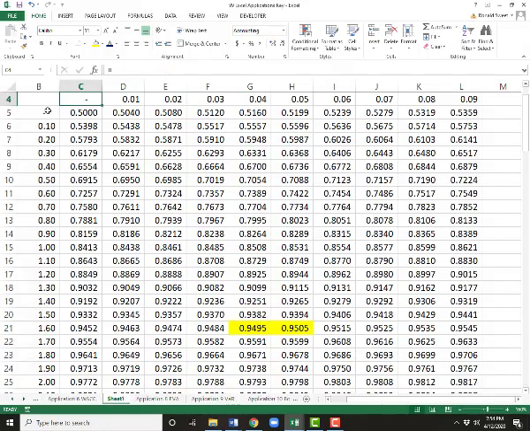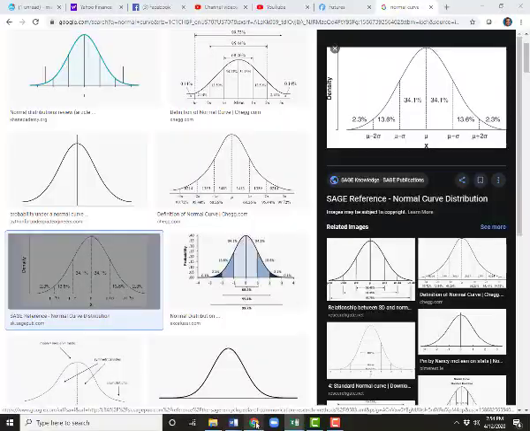And so that's why it's 0, 0. If we move 1.64 standard deviations to the right or left, then to one side is 5% of the curve, and the other side is 95% of the curve.